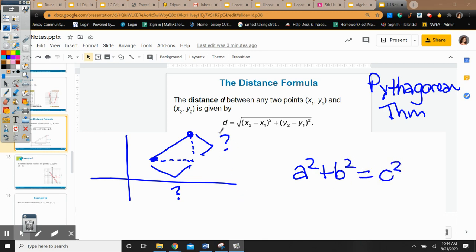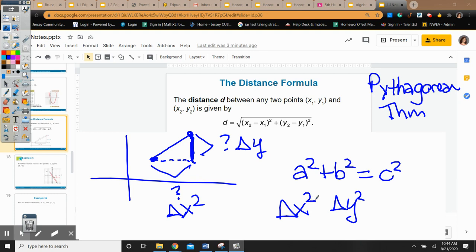So let's call this delta y. Delta means change in. This is a y value because it's a height. So if I have delta y squared, and this would be the change in x squared, it's delta x squared plus delta y squared. That will be what the distance squared would be here.